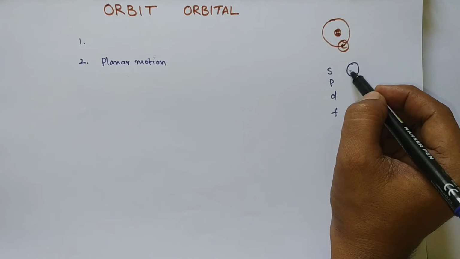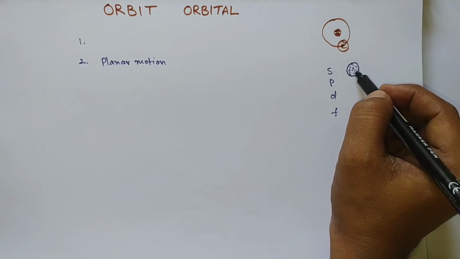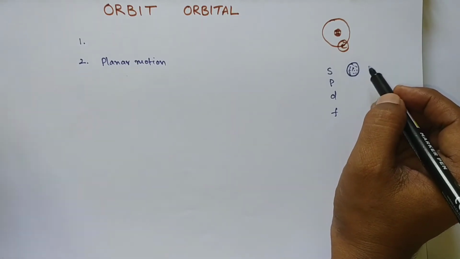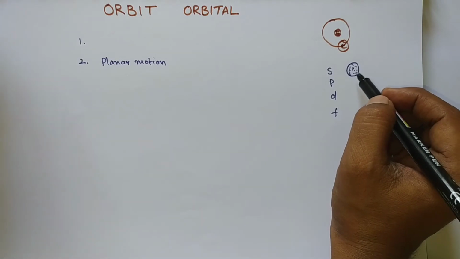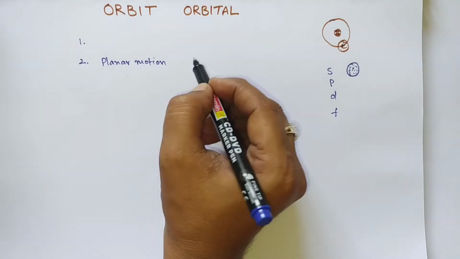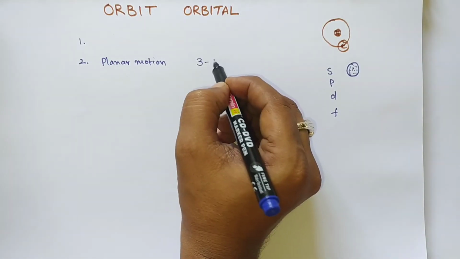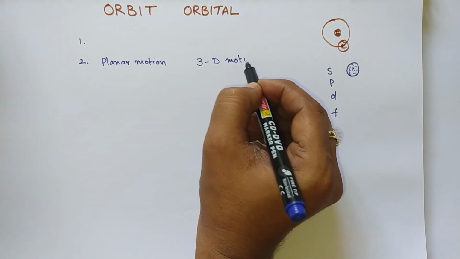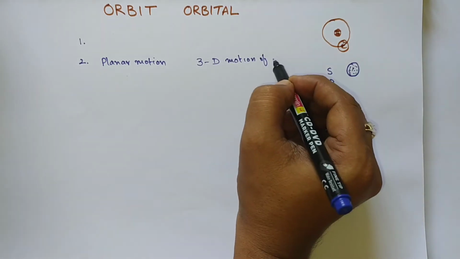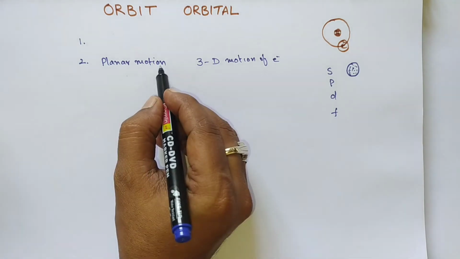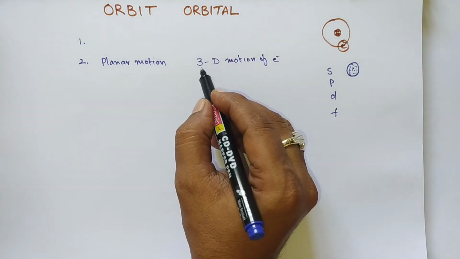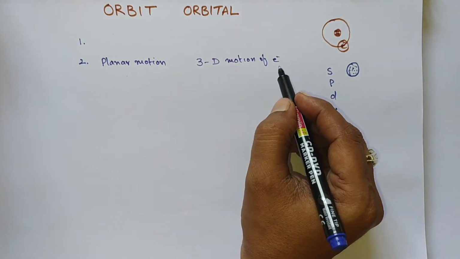Over the entire sphere the electron density is present, that means over the entire sphere the electron is revolving, that is why it is a 3-dimensional motion of electron. So, orbit represents planar motion of electron, whereas orbital represents 3-dimensional motion of electrons.